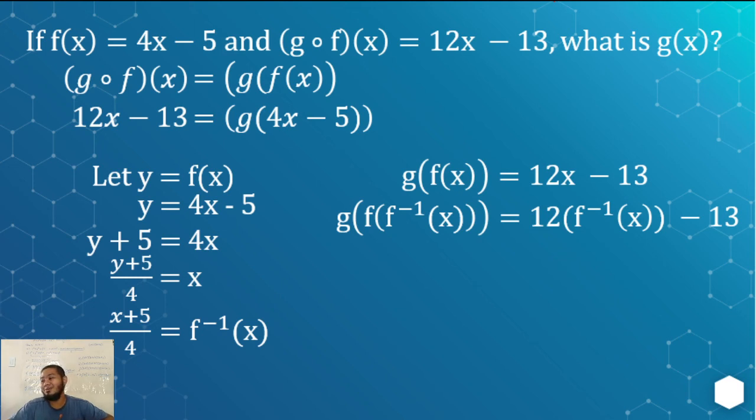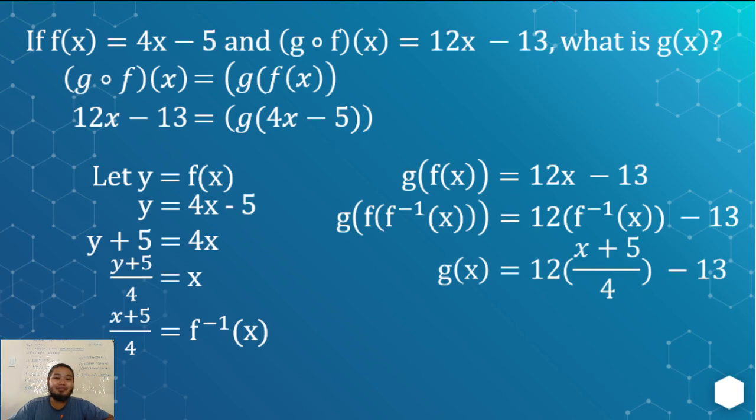Okay? So what will we do now? Remember that part, f of f inverse of x, that is equal to x. Remember that one. We will have g of x is equal to 12 times the quantity of x plus 5 all over 4 minus 13. I substitute f inverse of x by its value.